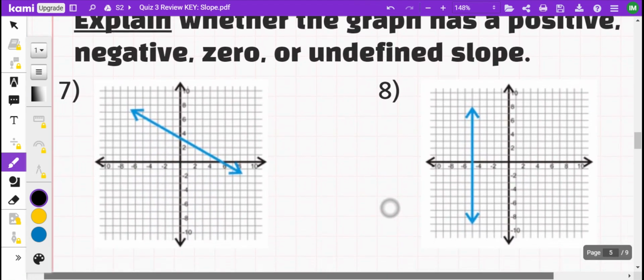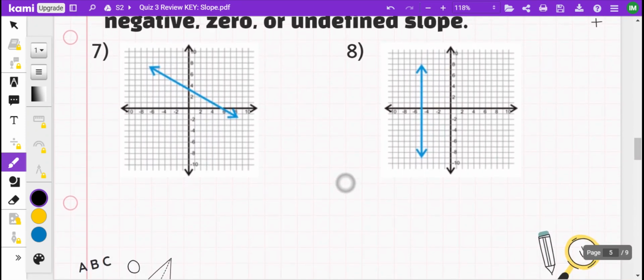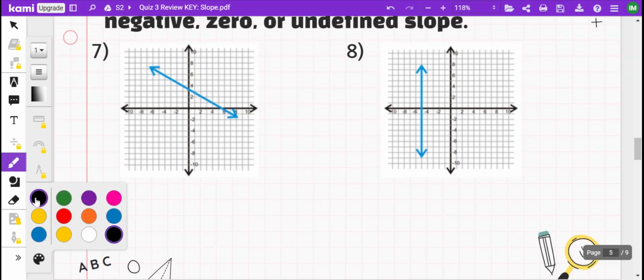Explain whether the graph has a positive, negative, 0, or undefined slope. So starting with number 1, this question is pretty much just asking us, what would Slope Dude say? If I have a line that I look at from left to right, is that line going up, down, is it flat, or is it straight up and down, vertical?